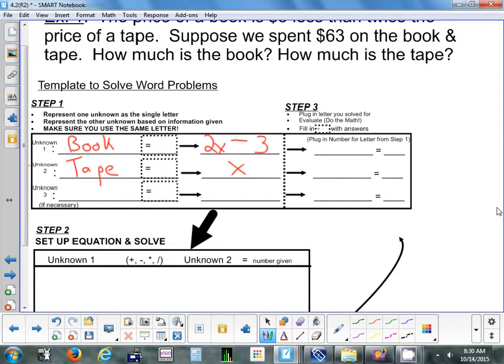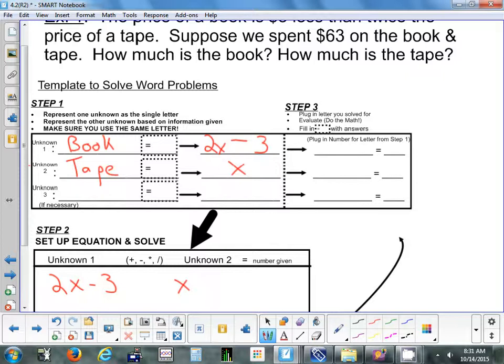Plus, minus, multiply, divide. I have to decide, based on what the problem gives me, what I'm going to separate those two problems with. So I'm going to bring these two things down: 2x minus 3 and x. My unknown 1 was 2x minus 3. Unknown 2 was just x.